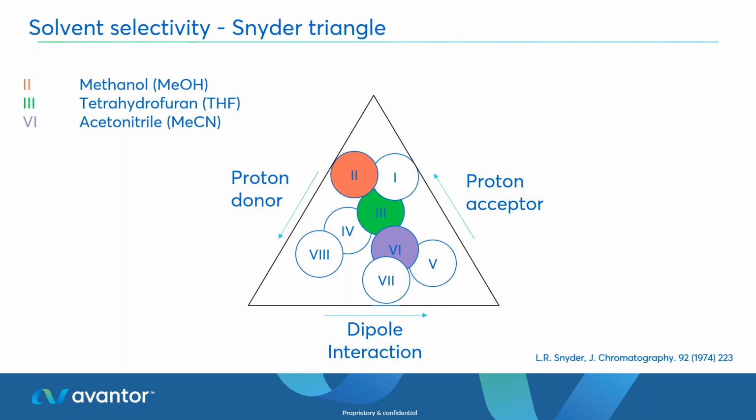So picking solvents that are as far away from each other in this triangle as possible would really be good for your method development. Now, there's reasons we can't pick solvents from these groups, often because they don't fit the criteria we just looked at. So they're not soluble in water, or they're hazardous, things like that.